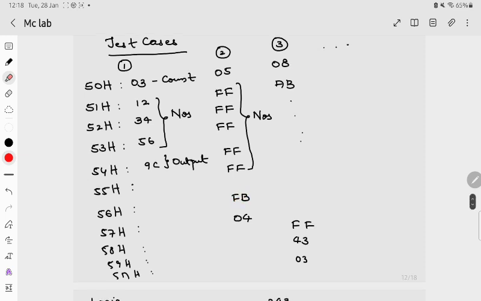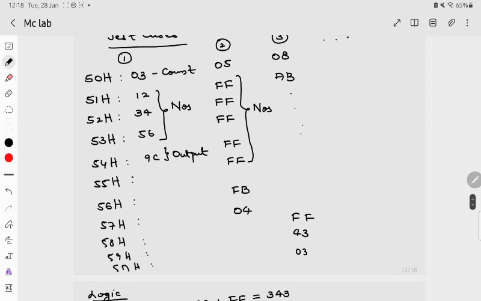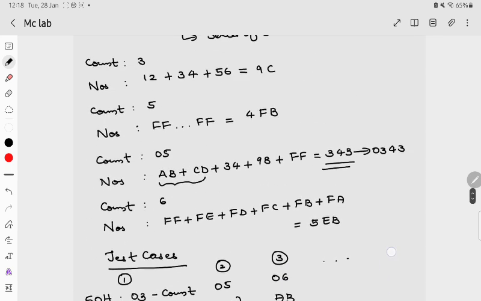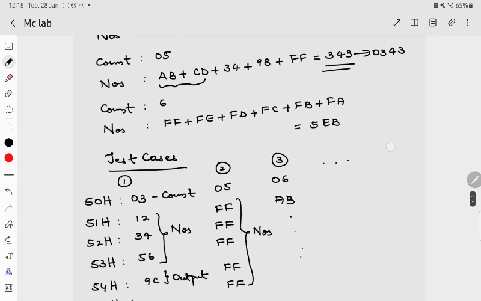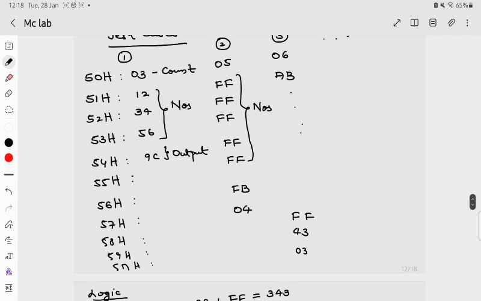And for another count, count of 6, we gave another set of data as above. Those data like AB plus CD plus etc. So the answer was 343. So you should save it in the next location.